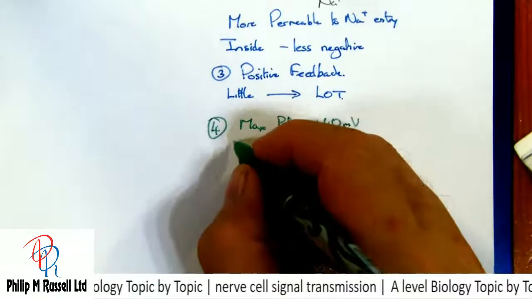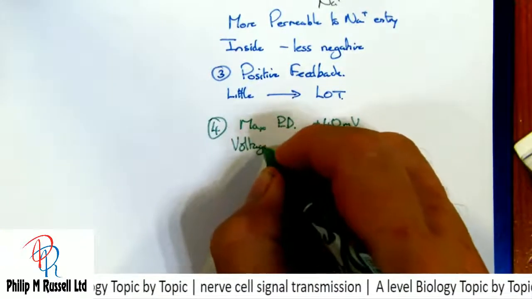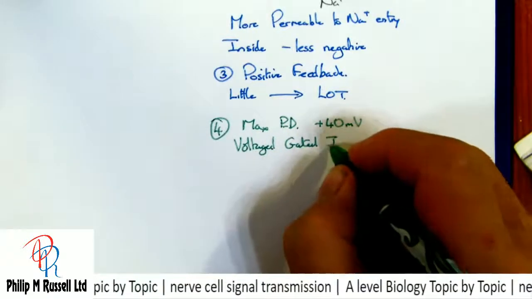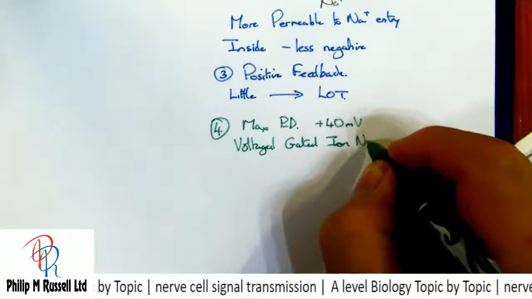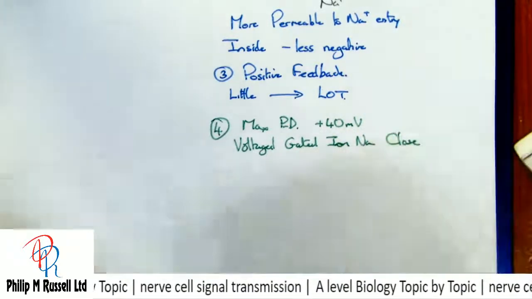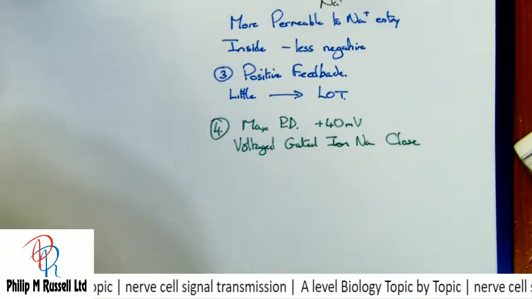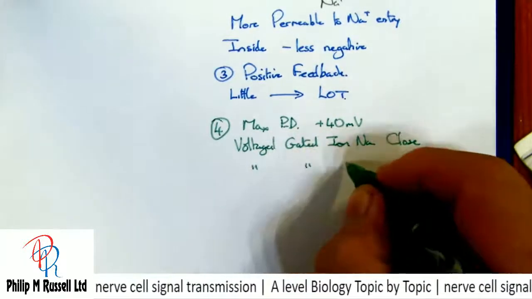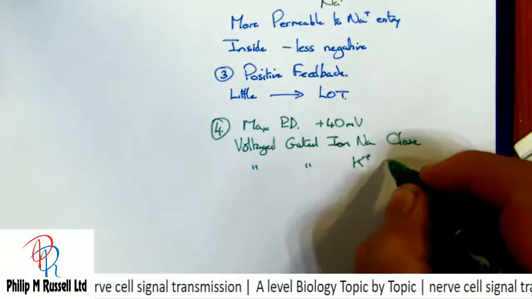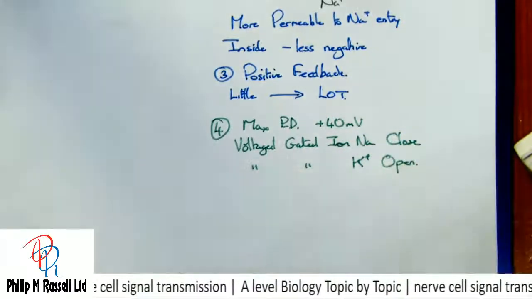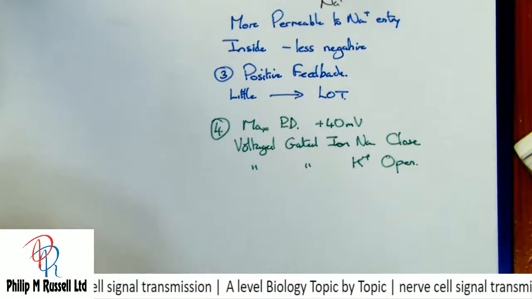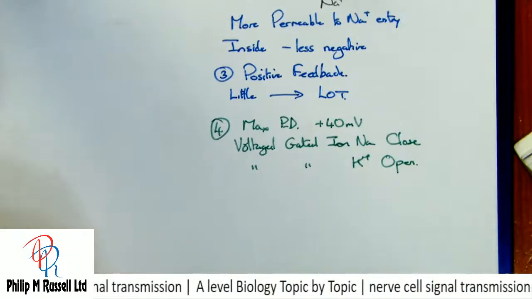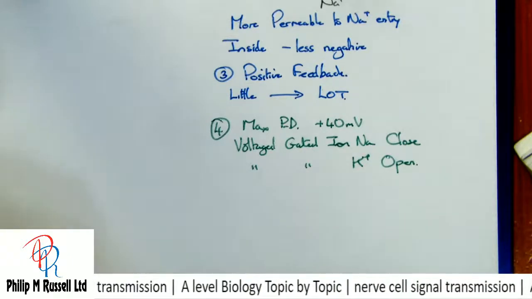This is where our voltage gated sodium channels close, and our voltage gated potassium ion ones open. Sodium ions can no longer enter the axon.